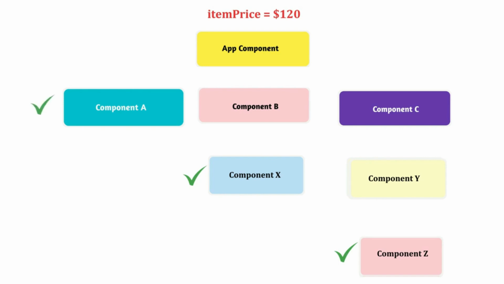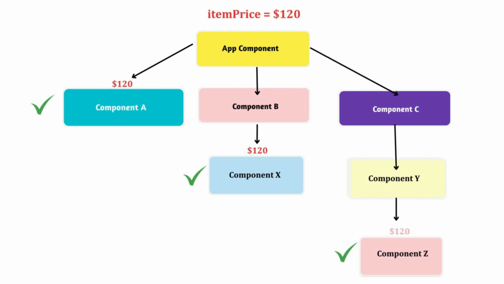Alright, so for component A to receive this price, we have to directly pass it down as props. And that is quite simple and straightforward. For component X to receive this price, we have to pass it through the intermediate component B down to component X. For component Z to receive the price, we have to pass it through the intermediate component C and Y.